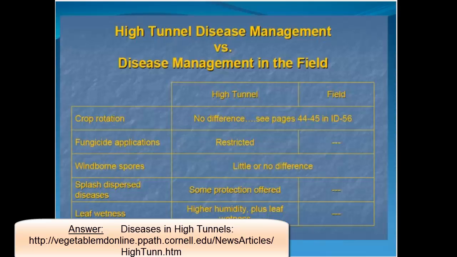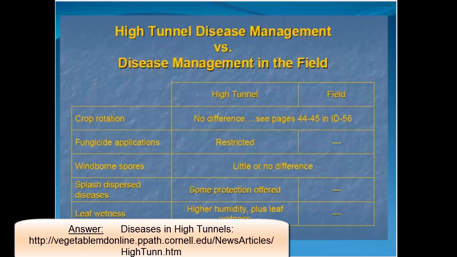Now, many of those, Verticillium, for example, and Fusarium, can be overcome with genetic resistance, and so we can take care of it there. Problems that you commonly see outside in Illinois on tomatoes, things like early blight and septoria leaf spot, are often really not very big problems in the high tunnel.